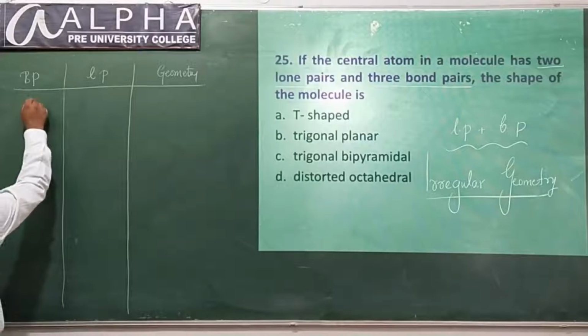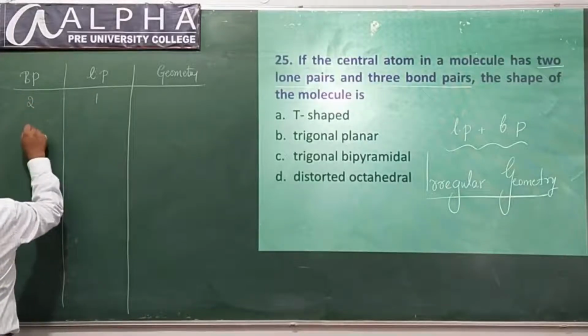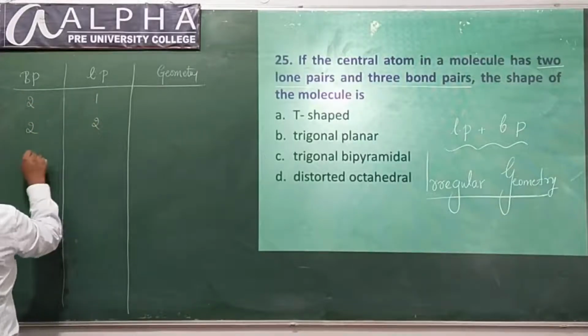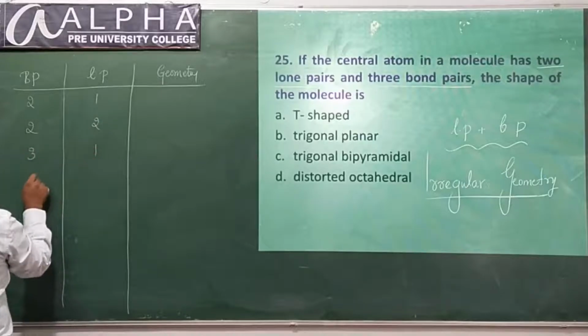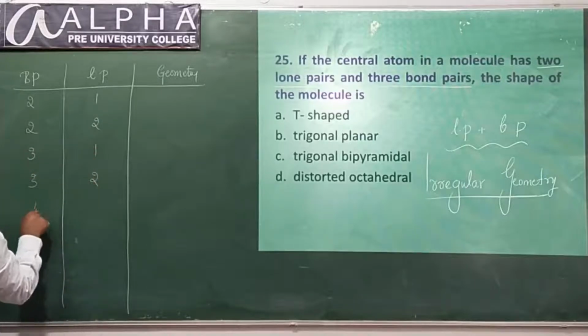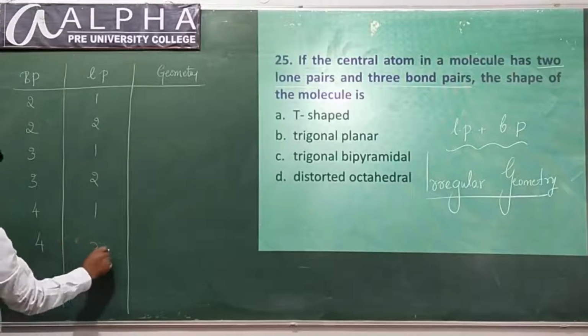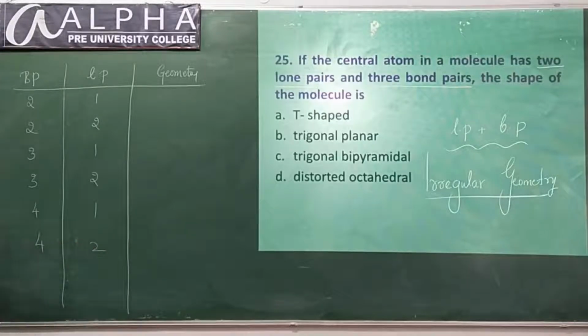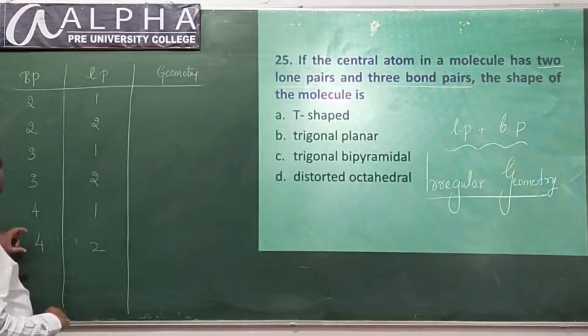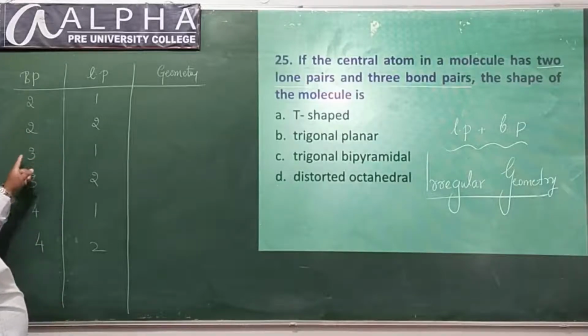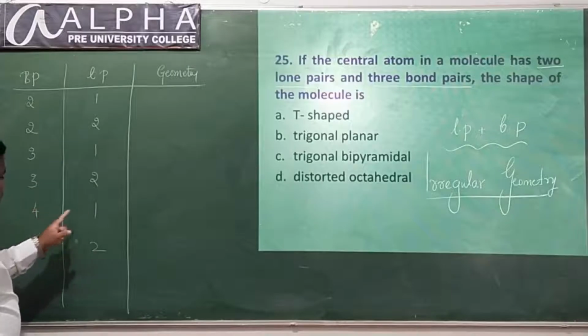So look here how simple it is. 21, 22, 31, 32, 41, 42.